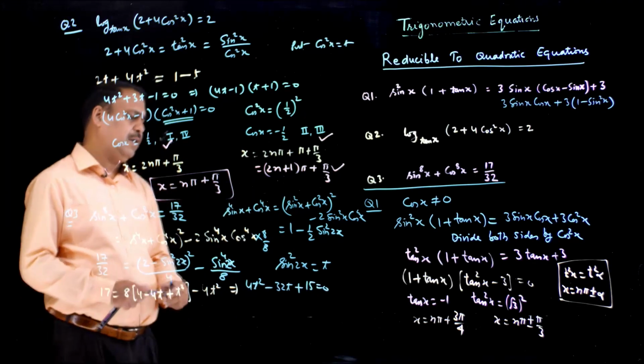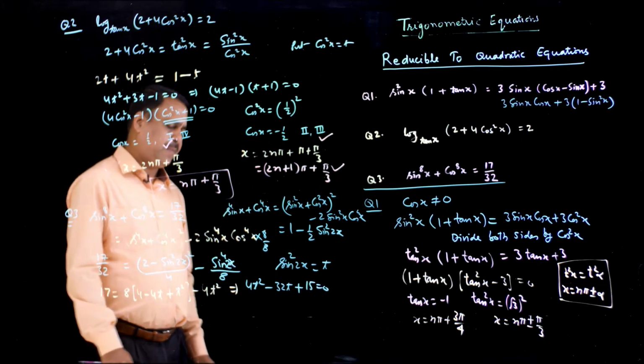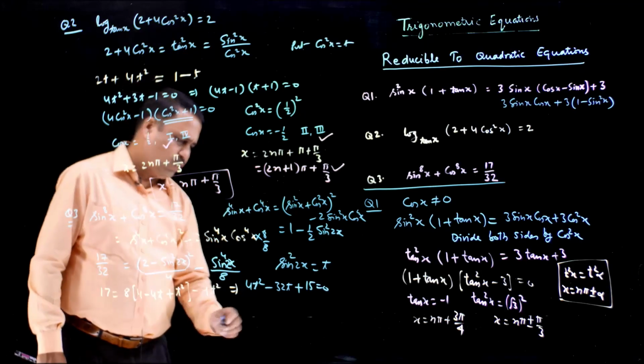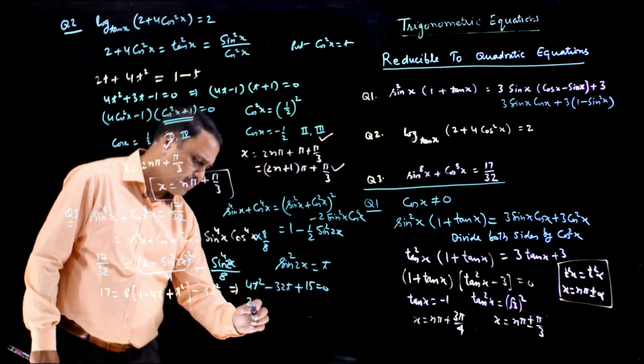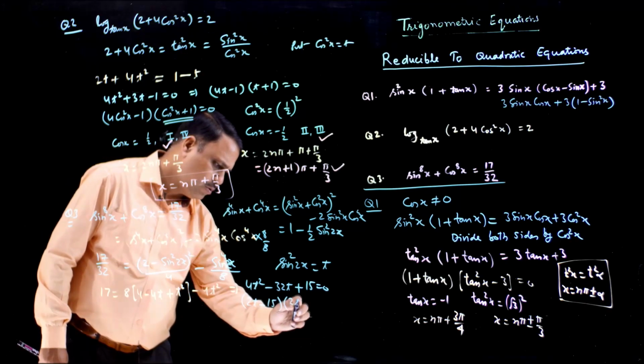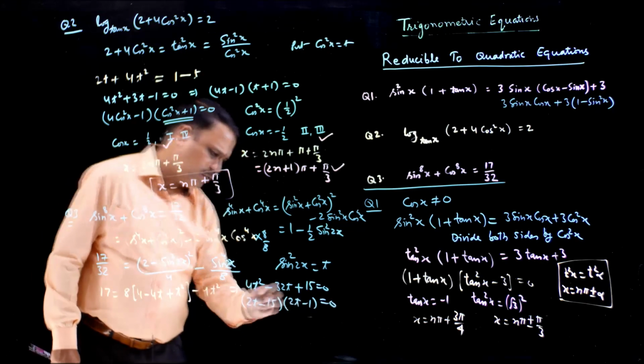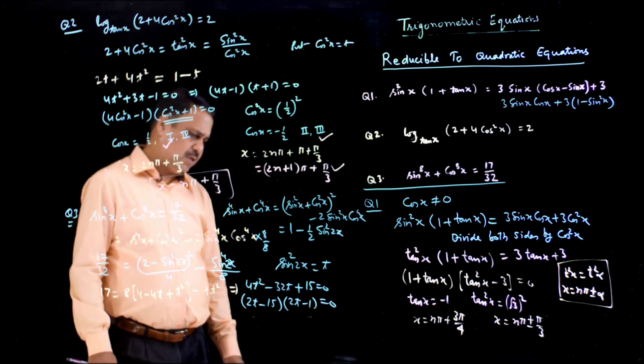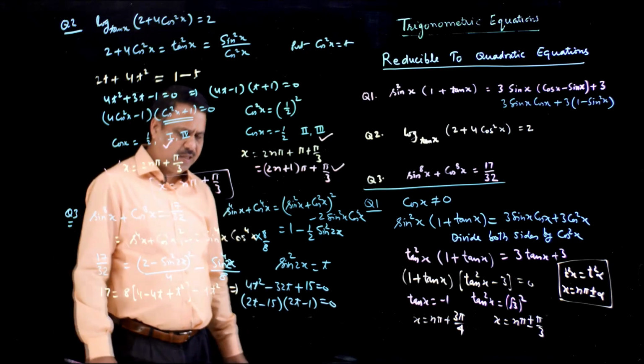Its roots are 2t minus 15 into 2t minus 1 is equal to 0. These are the roots of this equation.